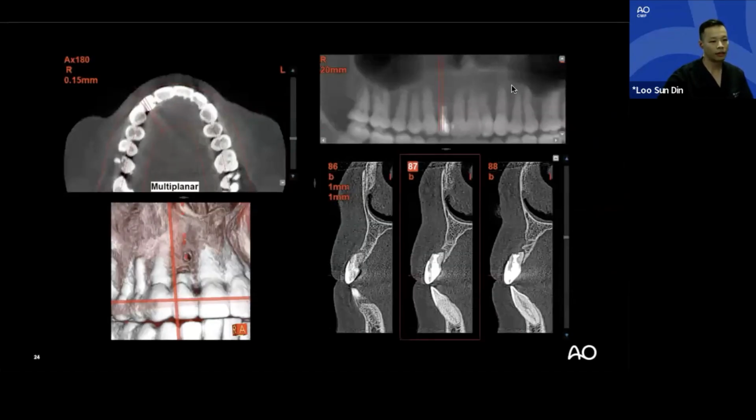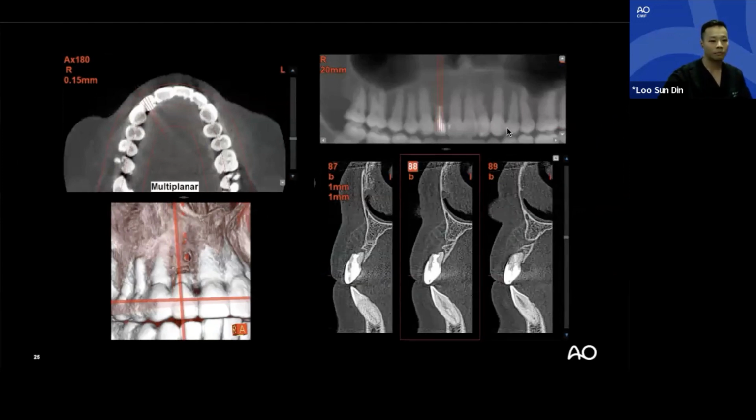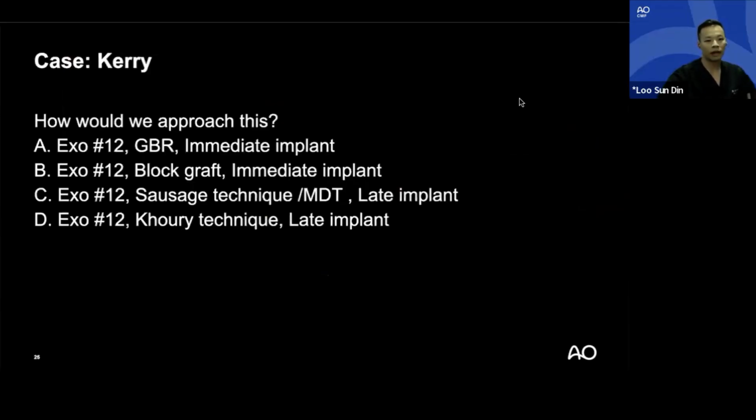If you shoot a cone beam CT, we can see the effect of repeated RCT and apicectomy, where the bone is actually almost gone with a through-and-through bone defect to the palatal with absolutely no buccal bone. So how would we approach this?